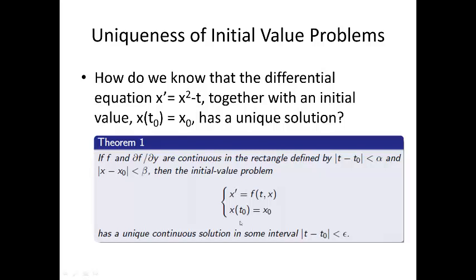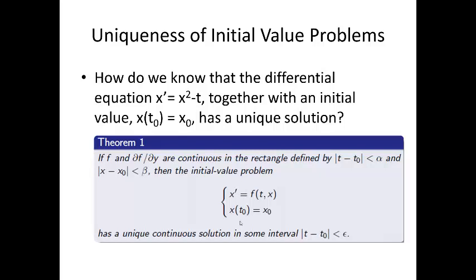So how do we know that the differential equation x prime is equal to x squared minus t, together with the initial value x of t0 equal to x0, has a unique solution? Well, there are a lot of theorems on the subject of differential equations that concern the existence and uniqueness questions, but one of the easiest to use is given here as Theorem 1.